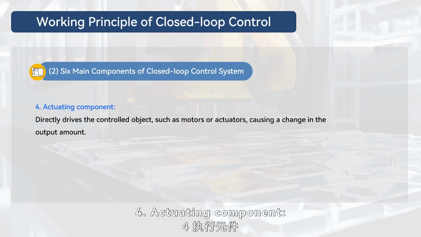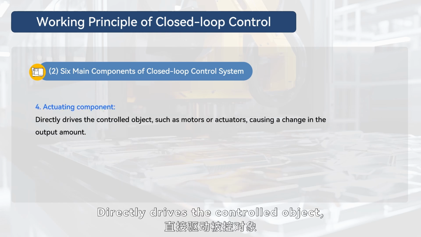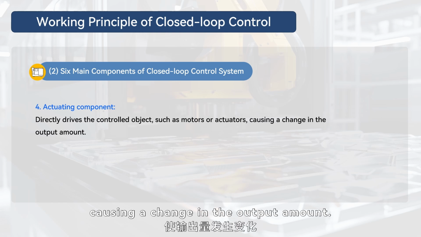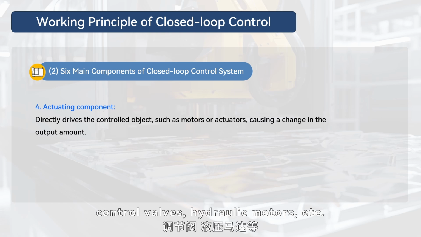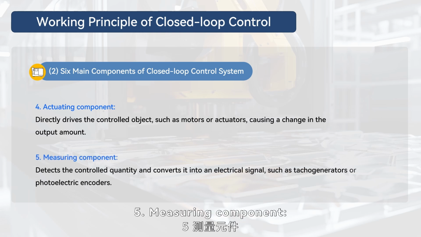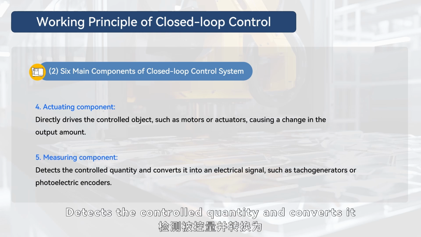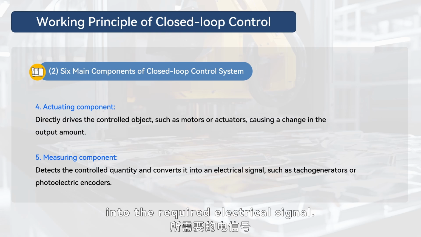4. Actuating component directly drives the controlled object, causing a change in the output amount. Commonly used actuators include motors, control valves, hydraulic motors, etc. 5. Measuring component detects the controlled quantity and converts it into the required electrical signal.